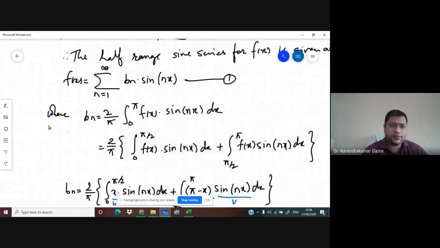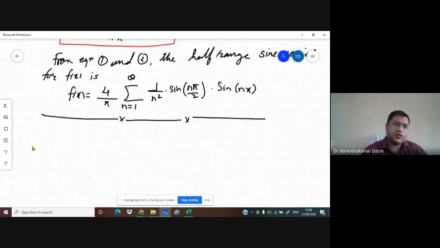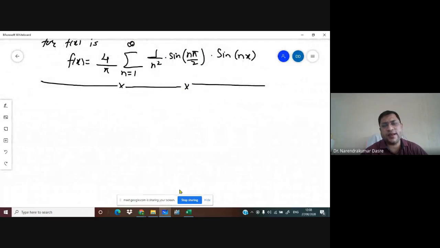Whatever we have seen up to now, these both the problems and the formula for the half range sine and cosine series. So do you have any doubt in these two examples or in this topic, half range sine series and half range cosine series?